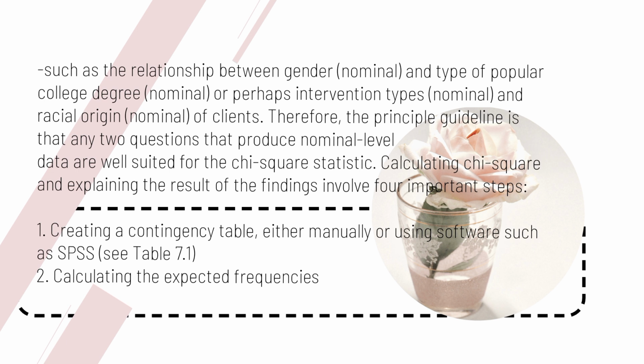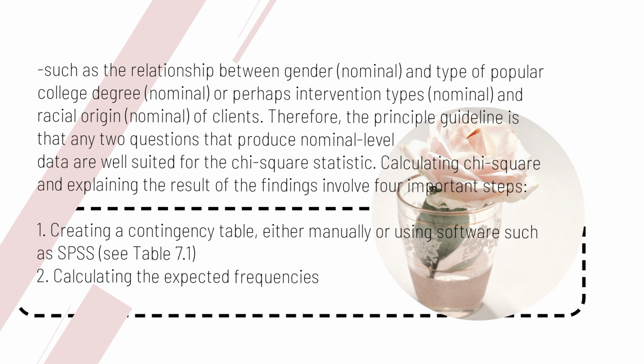Calculating chi-square and explaining the result of the finding involve four important tips. Number one is creating a contingency table either manually or using software such as SPSS, Table 7.1.